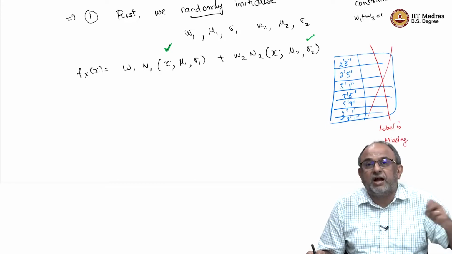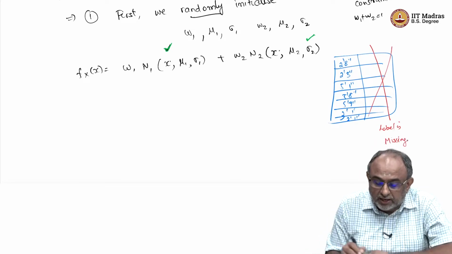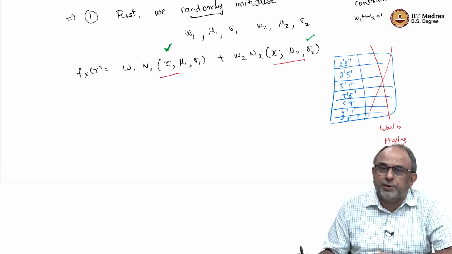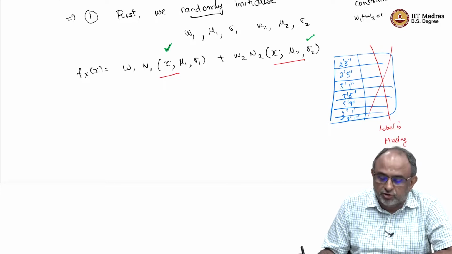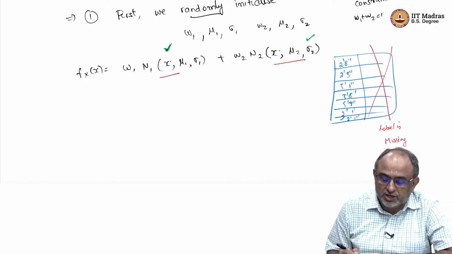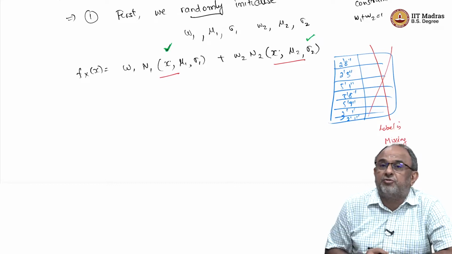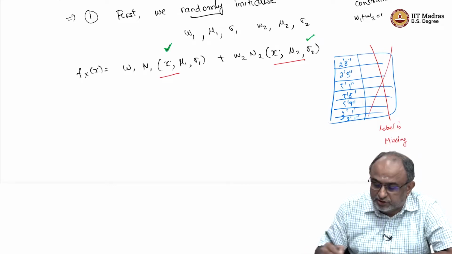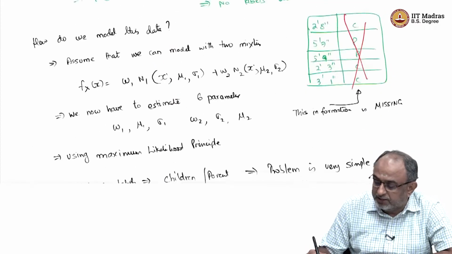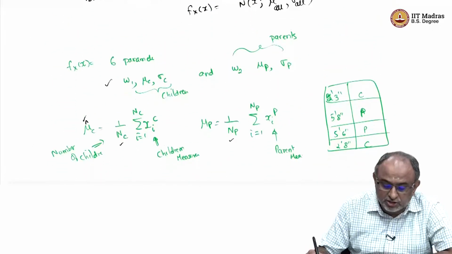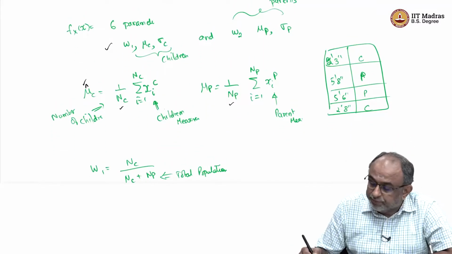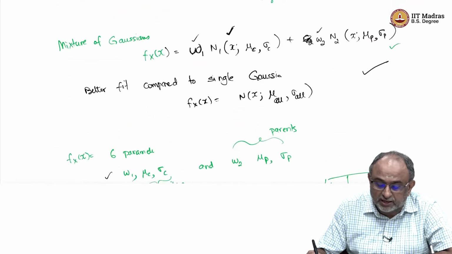Now, with this random initialization, I have some guess, which may be wrong or right, of the two populations. This is my guess of the density function for children, and this is my guess for the density function for the adults, or parents. I found this easily, and then I said if I have the labels I can fit it like this.